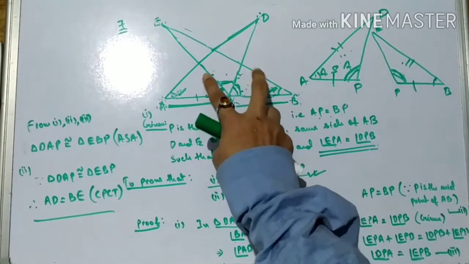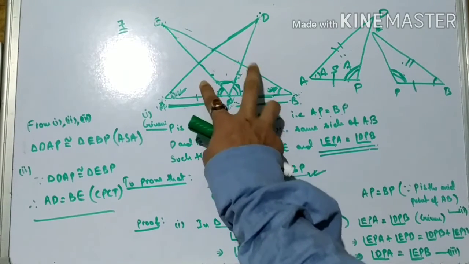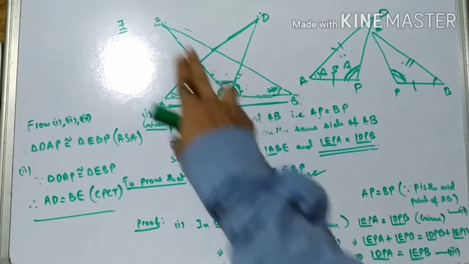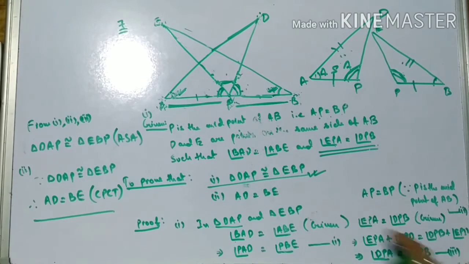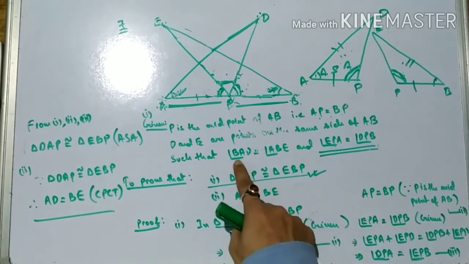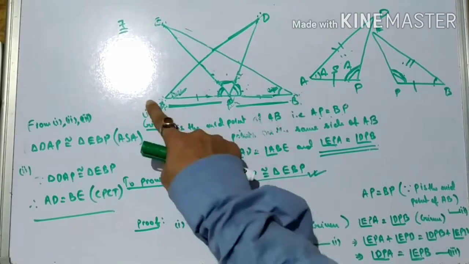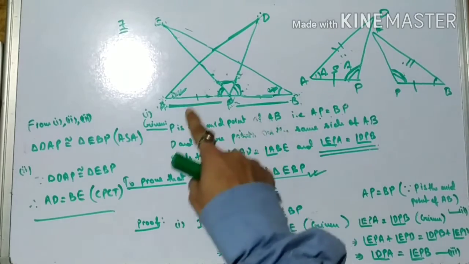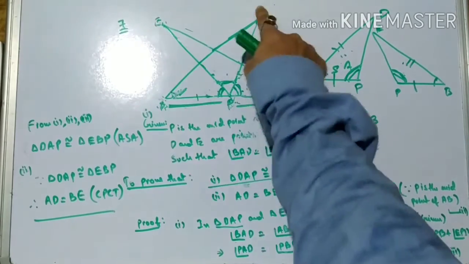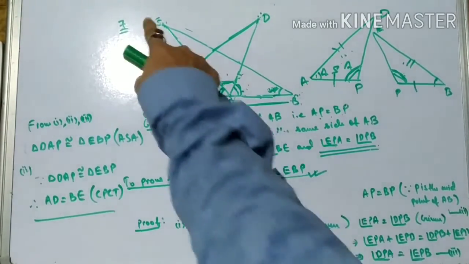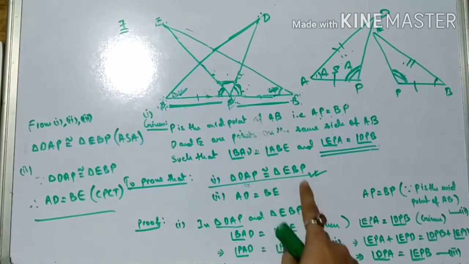So first of all, I will take these two triangles, one is this one, another one is this one, and I will say what is given. You see, BAD equals to ABE given. That means this angle is equal to this angle given.